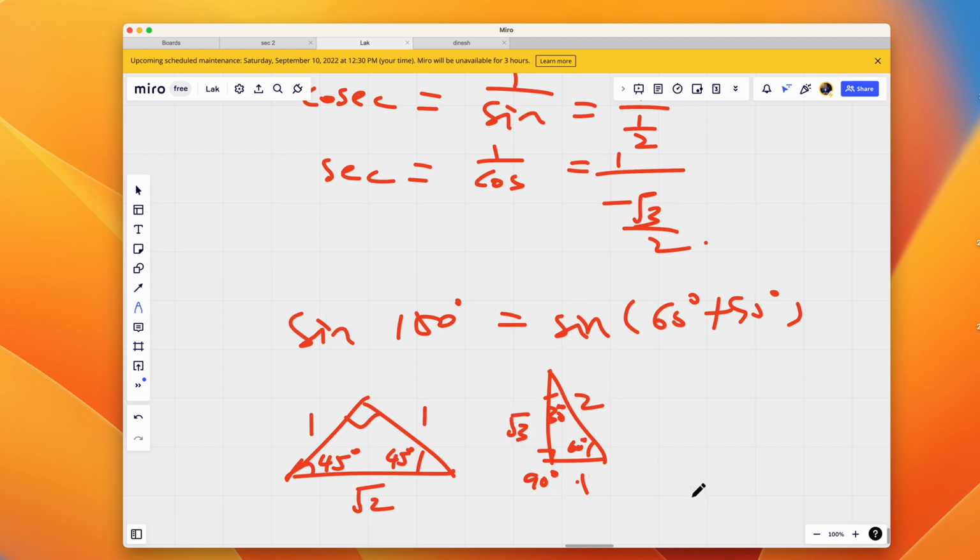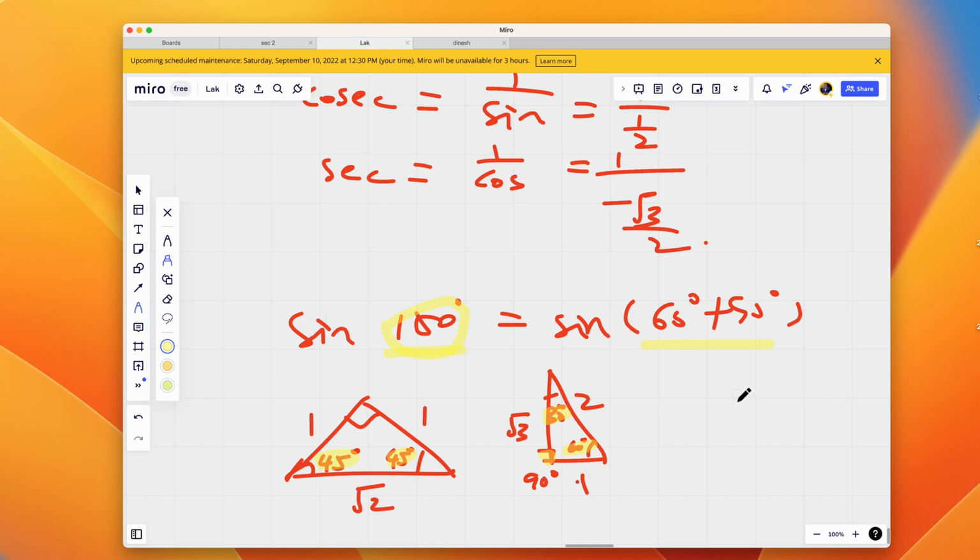So how do you identify special angles? Actually these are all special angles. Let me get a highlighter. 45, 45, 30, 60, 90. These are special angles. Okay? Then of course this 150 is also special because it's the combination of two special angles.